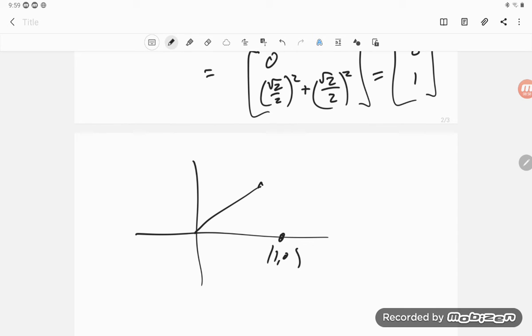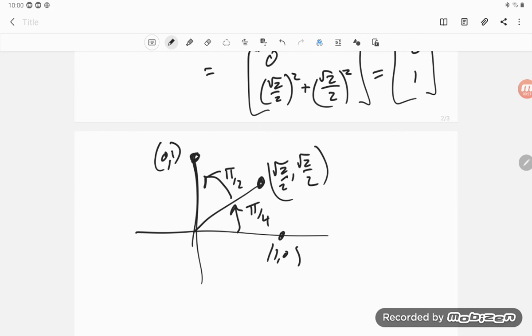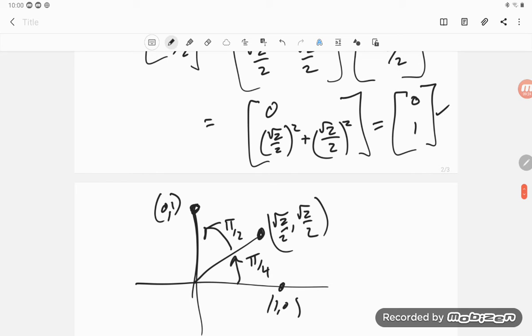We rotated by 45 degrees, or pi over 4, and we got here to square root of 2 over 2 and square root of 2 over 2. And then we did it again. We rotated by pi over 4, but that would put me up here. I rotated a total of 90 degrees, and that is the point 0, 1. And that is indeed where we got to.